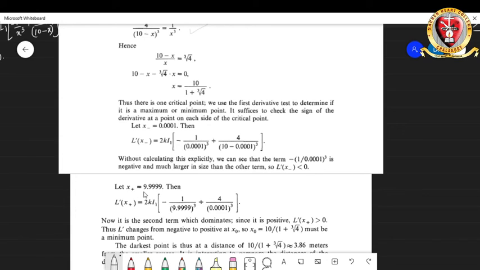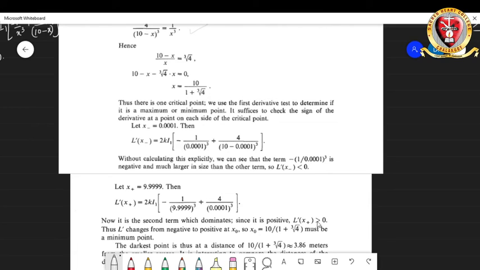You can take x plus as 9.99999, which is very close to 10. The other was very close to 0. Then you find the L dash at that point, and you get that to be strictly greater than 0. That means L dash changes from a negative value to a positive value.